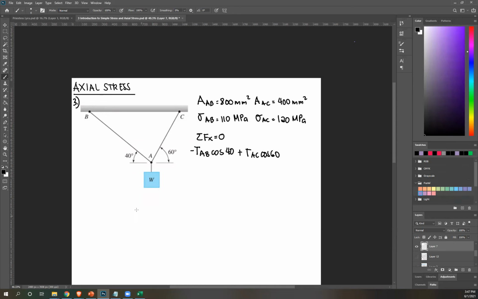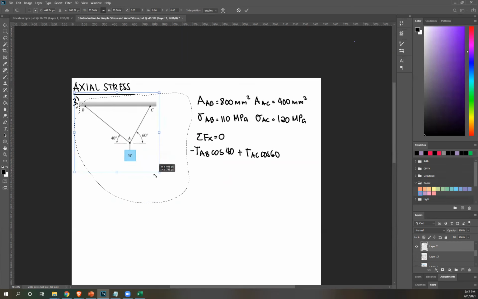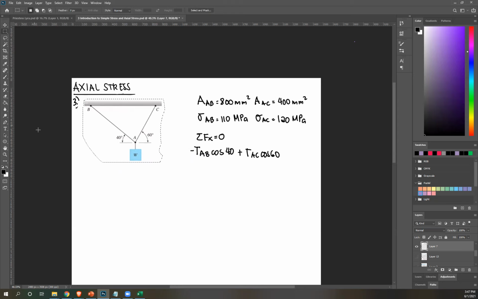By the way, to make things clearer, let's try drawing this free body diagram. Okay. Drawing the free body diagram, you get something like this. So you have this point, weight downward always.